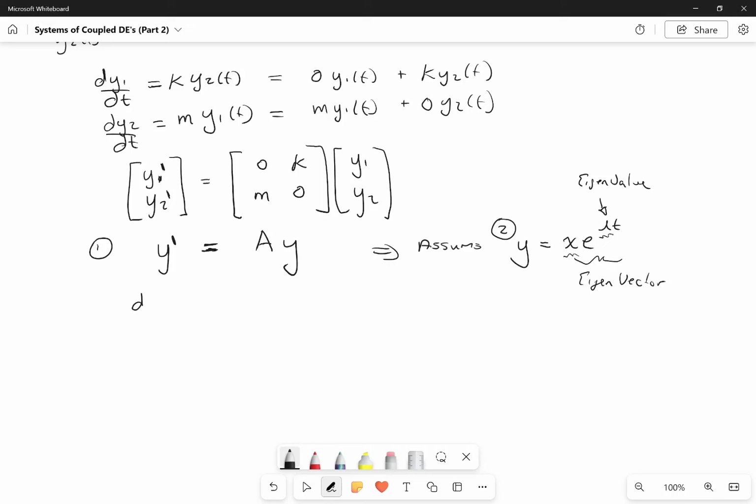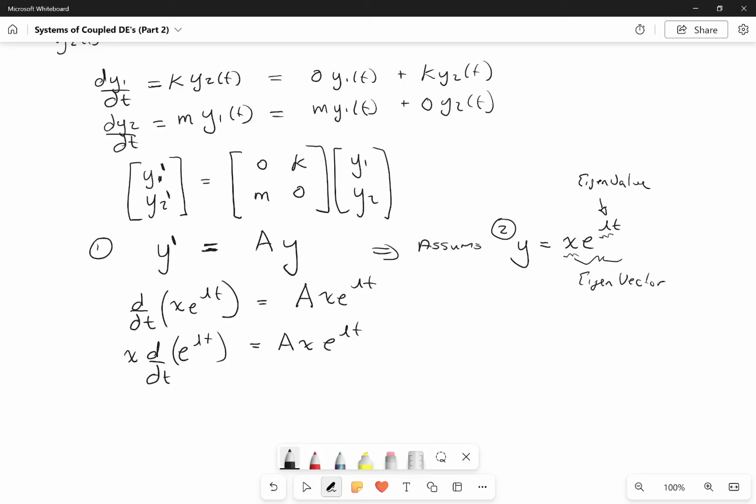So y prime is d by dt of x e to the lambda t, equal to A times x e to the lambda t. Now, x is a constant vector, so it can be pulled out of this derivative. So we have x d by dt e to the lambda t is equal to A x e to the lambda t.